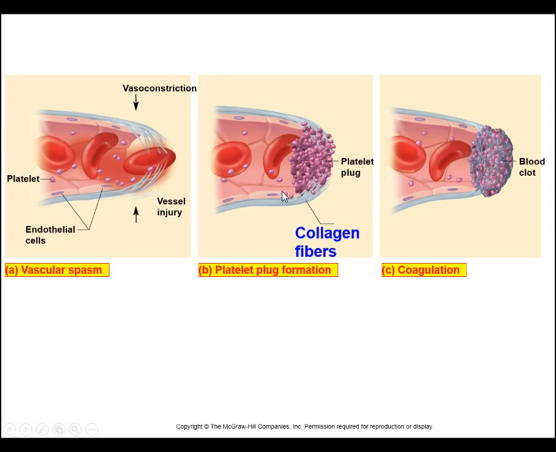They will secrete substances that will tell each other to get really sticky, and they will stick together, forming this plug structure. And so this will do its part in stopping the bleeding.